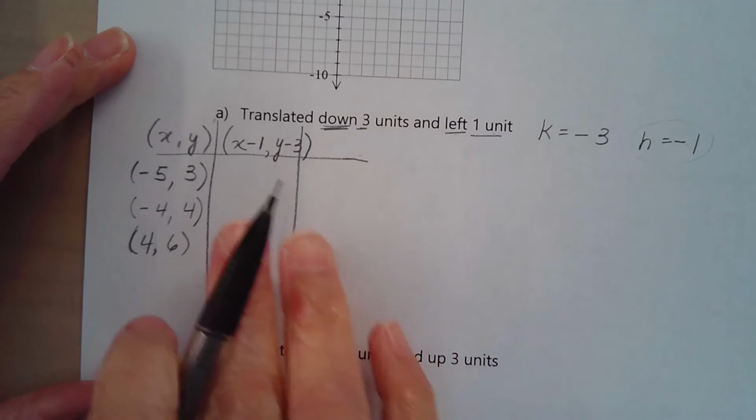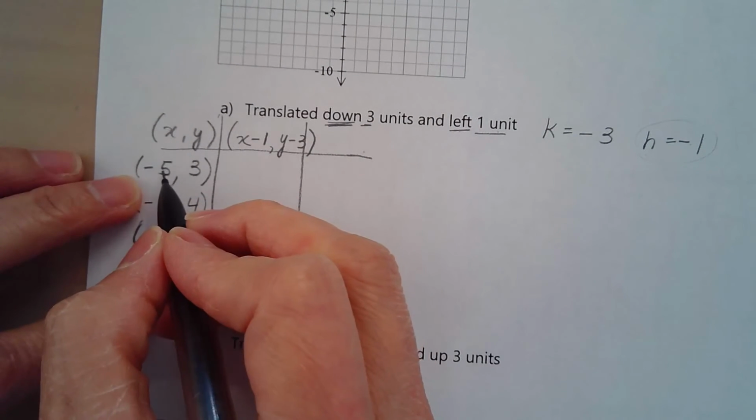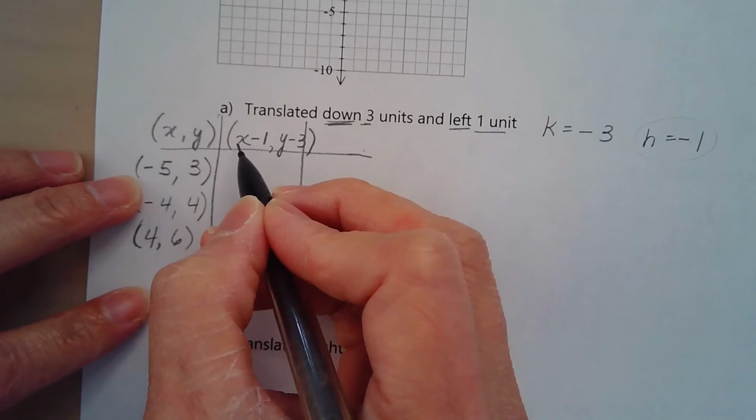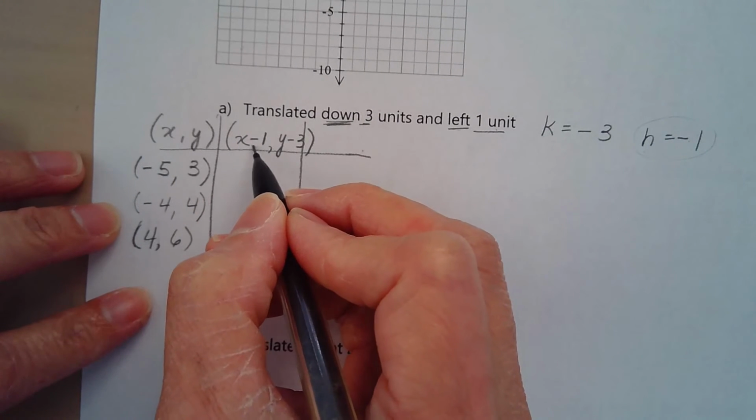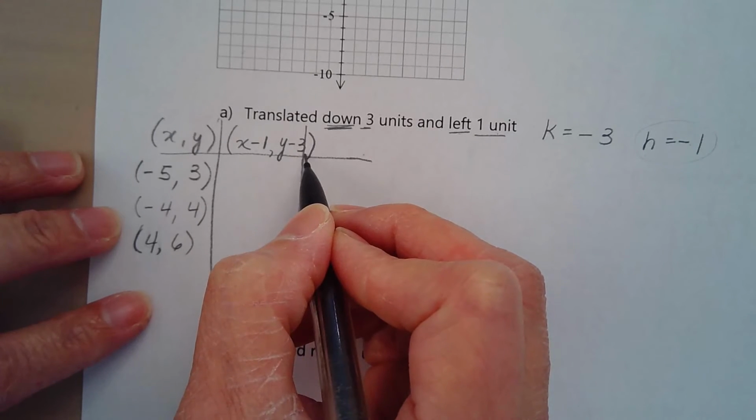Okay. Now that we have that, let's put those numbers in. So if x is -5, all the x's, we have to subtract 1. All of the y's, we have to subtract 3.